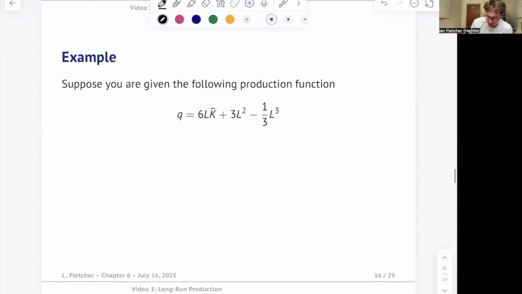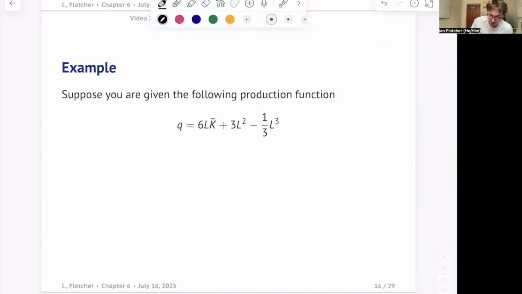And so we've got one last example for this section. Suppose that we were given this following production function. So let's find the MPL. Again, we are going to get partial of f, partial of L, and we are going to get 6k bar plus 6L minus L squared.